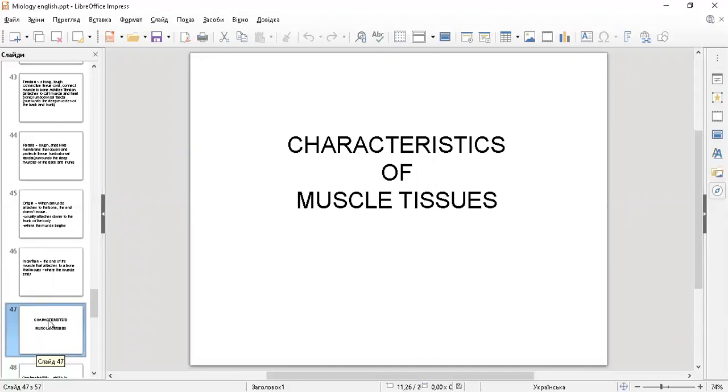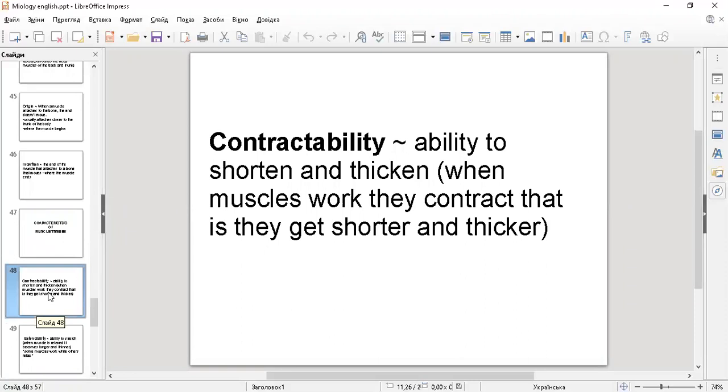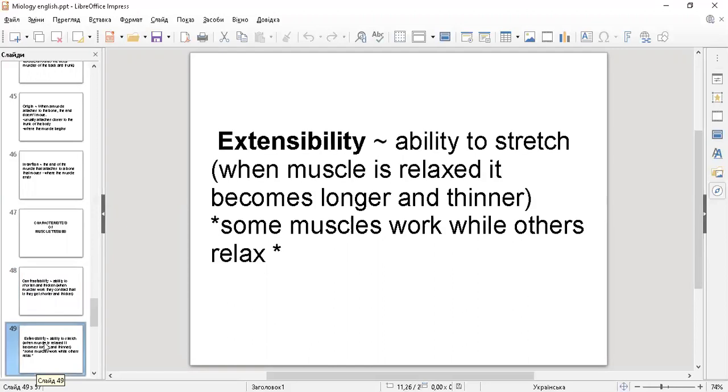Characteristics of muscle tissue. Contractibility: ability to shorten and thicken. When muscles move, they contract, that is, they get shorter and thicker. Extensibility: ability to stretch. When a muscle is relaxed, it becomes longer and thinner.